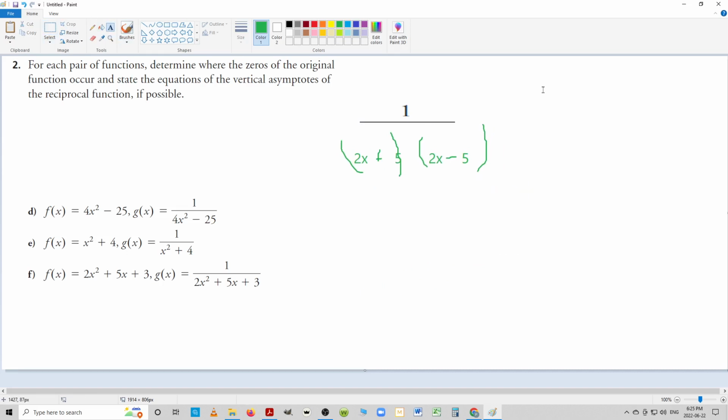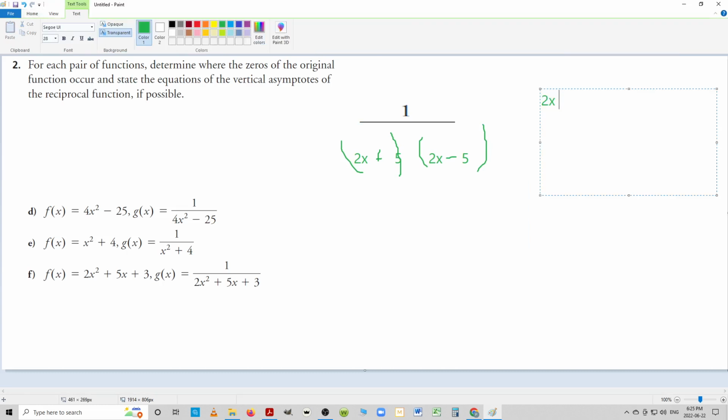Where are the asymptotes? You make either one of those brackets equal to 0. So one of them is here, and I can tell you the other one. We can tell that one is at 2.5 and the other's at negative 2.5. Not that hard once you know what you're looking for.